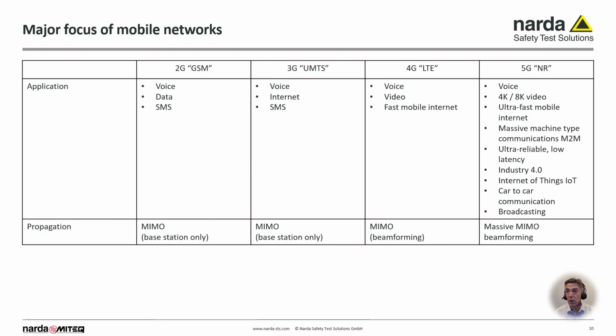5G is now not only voice, it's also 4K, 8K video directly on your mobile phone. You have ultra fast mobile internet. You can now also use it for communication between machinery because it's ultra reliable and it has very low latency. We call it also Industry 4.0.